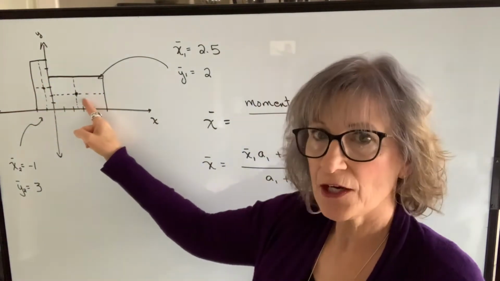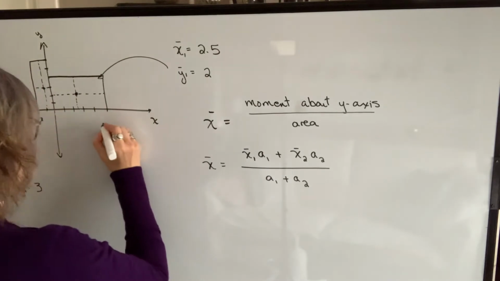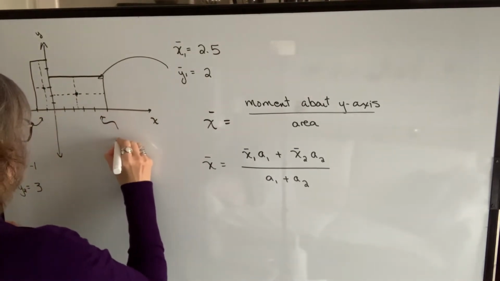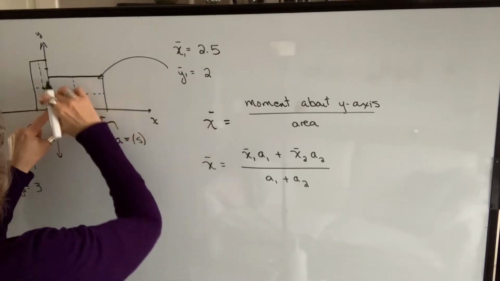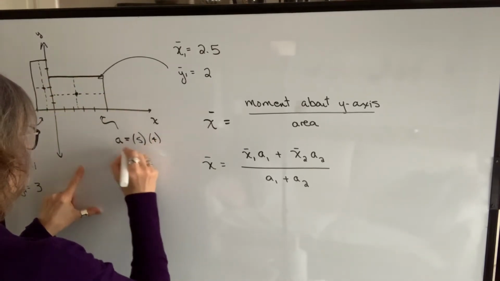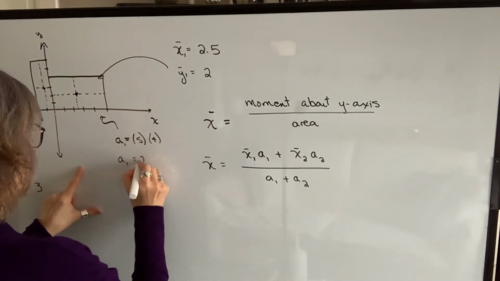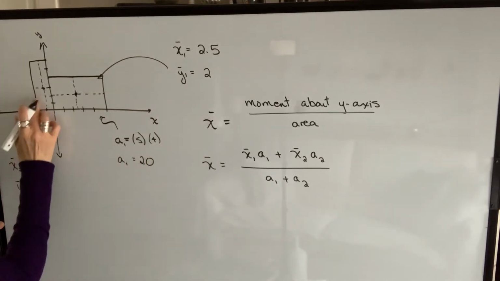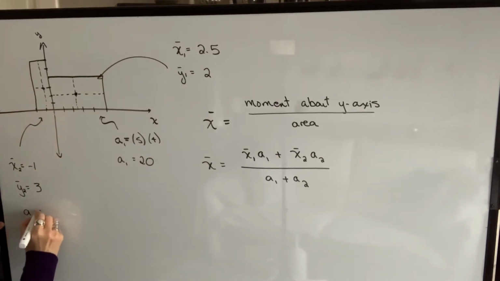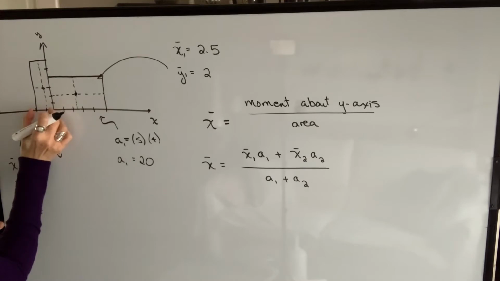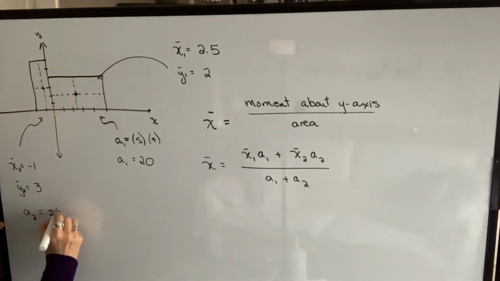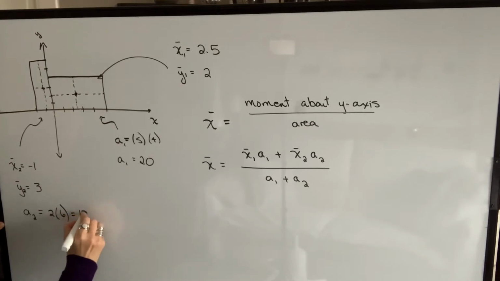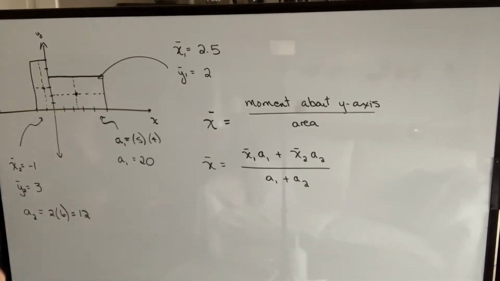I'm going to find the area of shape 1. It will be 5 times 4, so area 1 will be 20. And the area of this rectangle will be 2 units by 6 units, which is 12 square units.